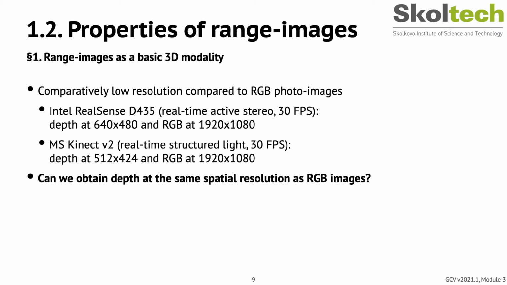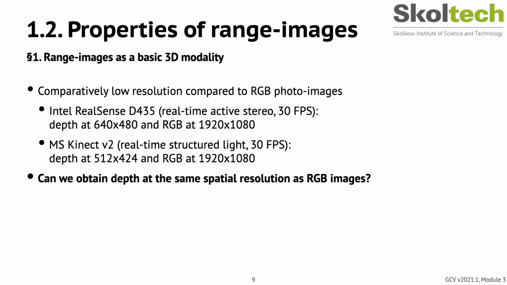Basic properties of range images are their comparatively low resolution and high amounts of noise and outliers compared to RGB photo images. For instance, Intel RealSense D435, which is a real-time active stereo described in the previous lecture, is able to capture depth at only VGA resolution of 640 by 480, while RGB images are being captured at full HD, nearly 2 megapixel resolution.